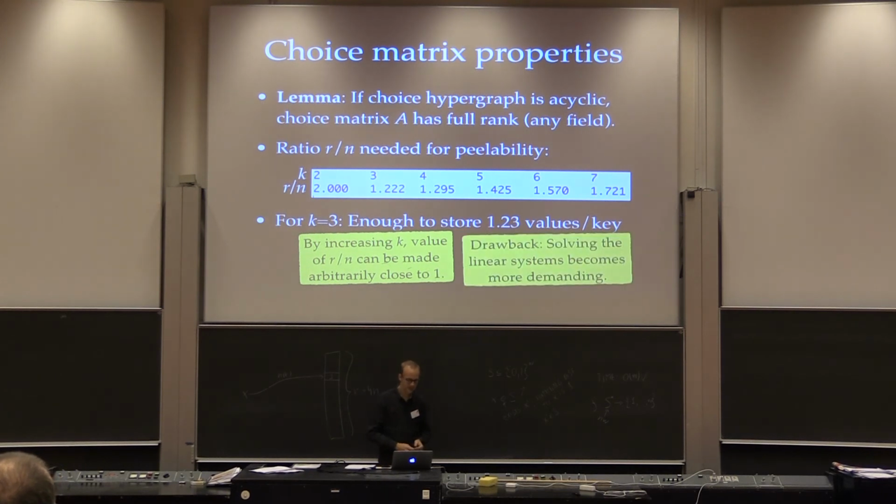But the drawback, if you want to go this route, is that solving the linear system becomes more demanding. One of the possible ways to address this is exactly as you were suggesting, to use these non-regular hypergraphs that you get if you vary the number of values per key. But I think there's still more work to be done there.